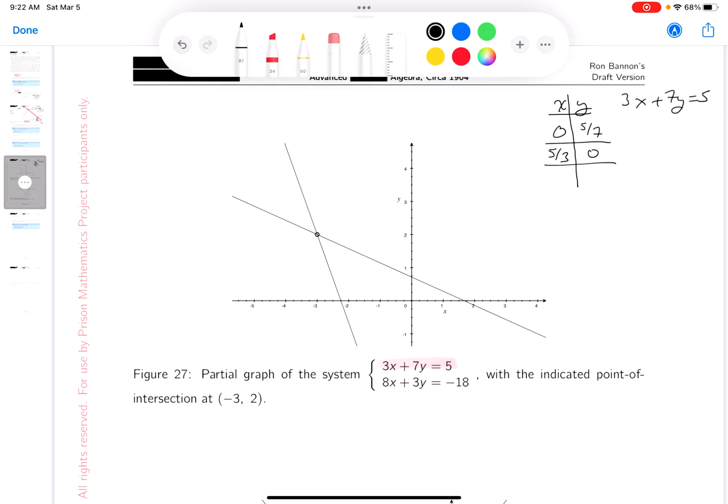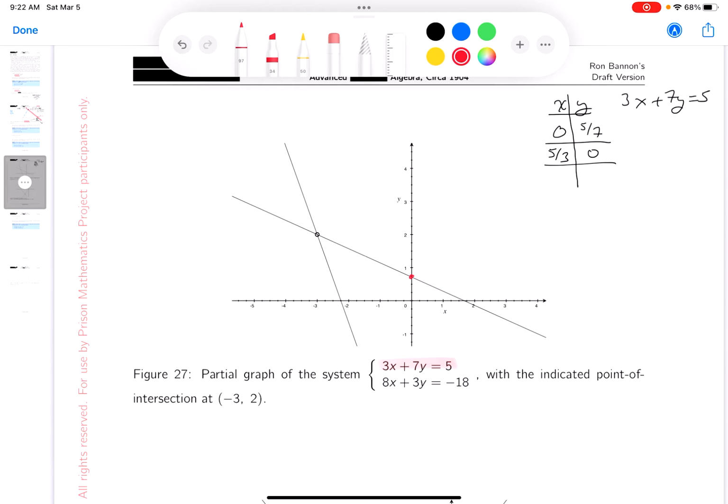I'm going to graph those 2 points. And I got to be honest with you, it's never like an easy thing to do. But I can graph these points over here. The first point I would graph is 0 along the x-axis, but 5/7, and 5/7 is about up here somewhere.